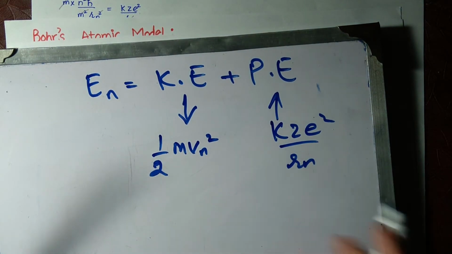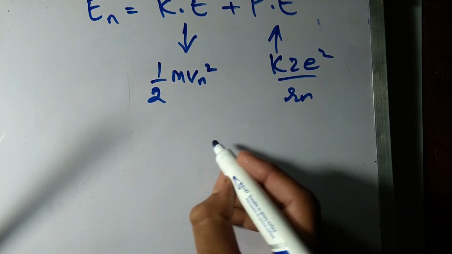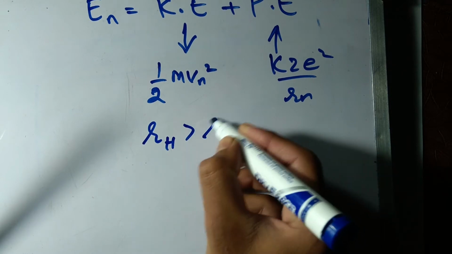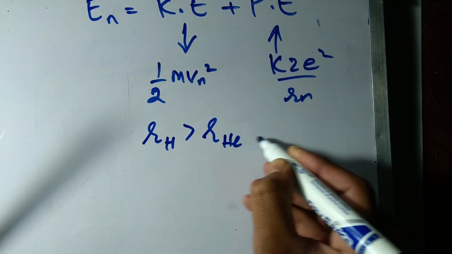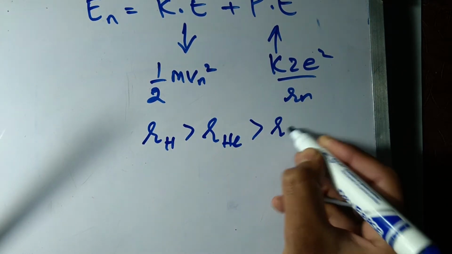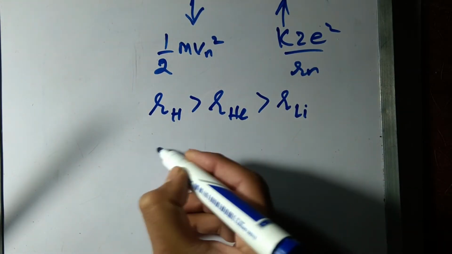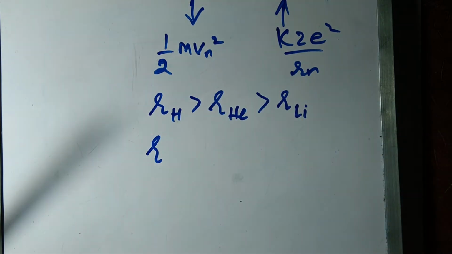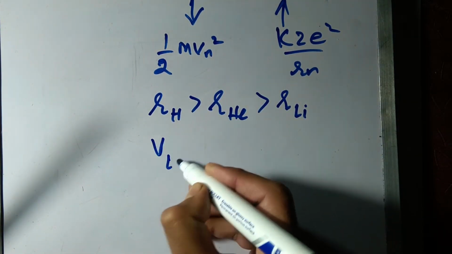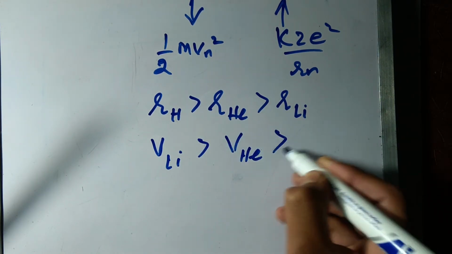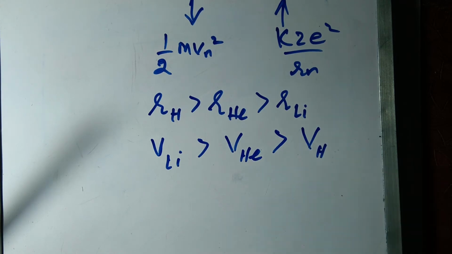I told you earlier in the previous lecture, when we discussed the radius, that we saw R of hydrogen is greater than R of helium and R of lithium, whereas the velocity of lithium is greater than the velocity of helium and greater than the velocity of hydrogen.